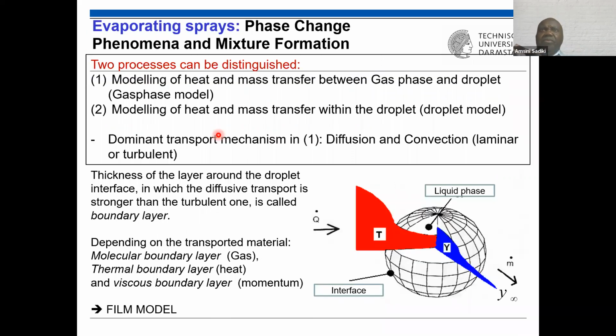So to describe the evaporation process, we have to consider two processes. Let us suppose that this is our liquid phase, our droplets. Within we have only liquid, and outside, in the surrounding, we have gas.